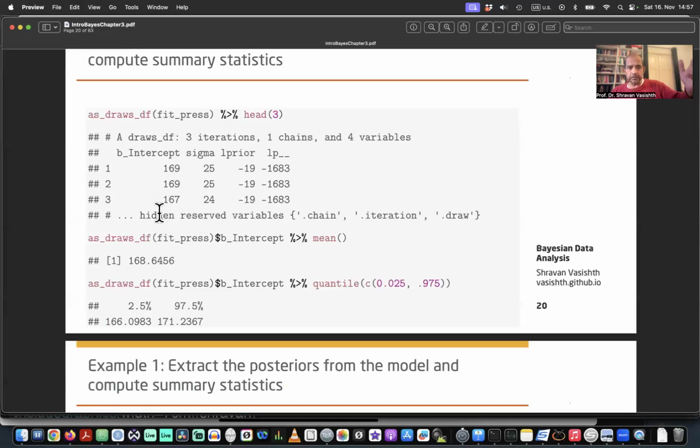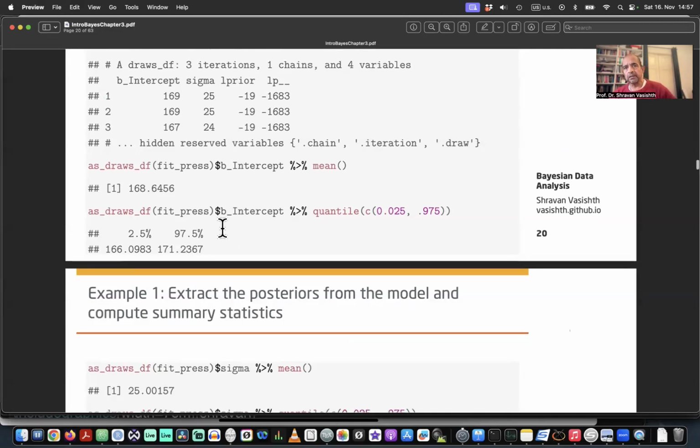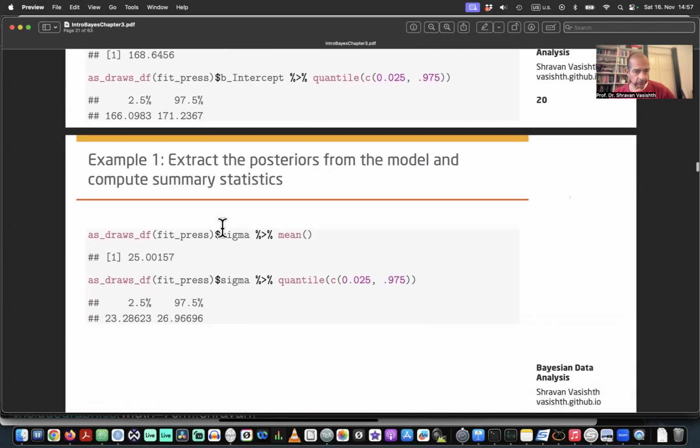So it's giving you the posterior samples, which you can now do statistics on, right? For example, you can calculate the mean from the posterior samples for the intercept and for the slope. You can calculate the 95% credible intervals. So instead of relying on Shiny Stan or the summary output to give you the statistics, you can actually derive them yourself by extracting the posteriors and then plot them however you want, using whatever customized graphical summaries you want to use.